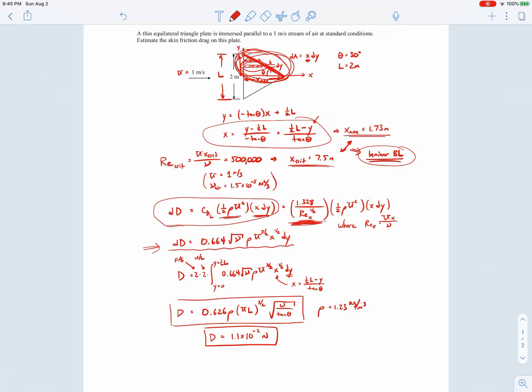And then we went ahead and integrated that over the whole upper part of that triangular plate, keeping in mind that x is a function of y, so we had to substitute in for that. And then we recognized we have an upper and lower surface, as well as a front and back surface. And then at that point, some math and plugging in numbers. All right, we'll go ahead and end.